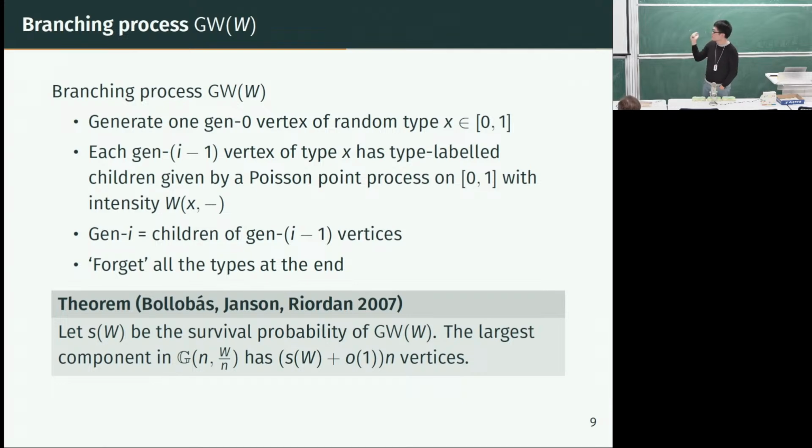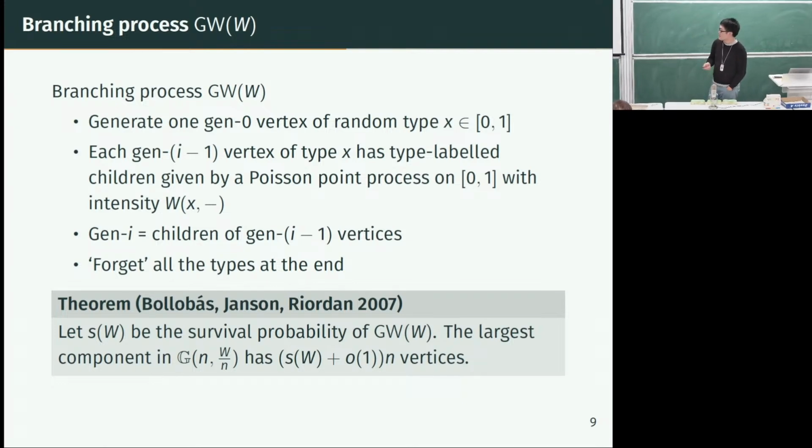Right, so in summary, you have a branching process where you generate the first vertex, but you'd have to give it a type, and you do something like the Galton-Watson branching processes from before, except you now have to care a lot about types of vertices.